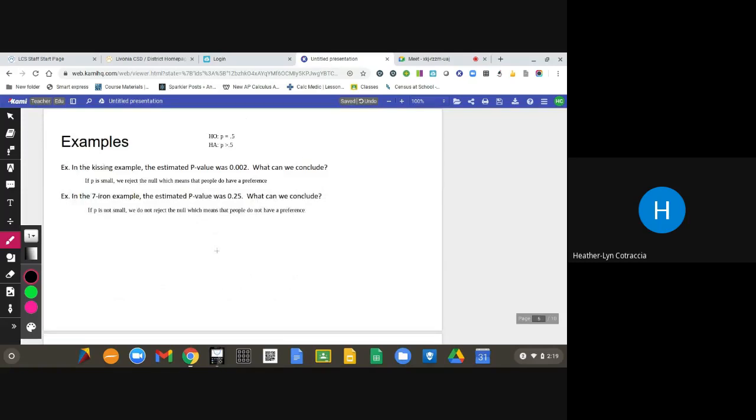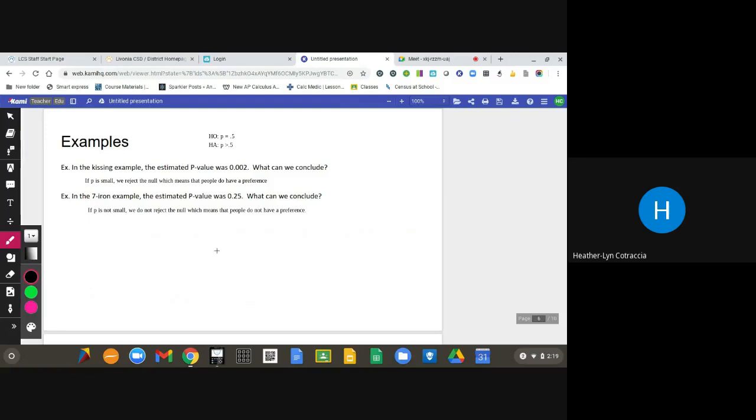Let's get into this. Back to the kissing example that we just had. If the estimated p-value was 0.002, what can we conclude? Remember, we're always going to go back and compare it with an alpha level, which is normally 0.05. In this case, p is small, right? P is 0.002.